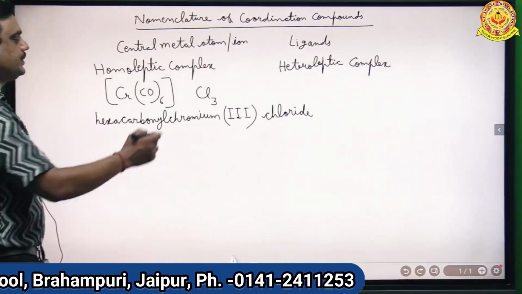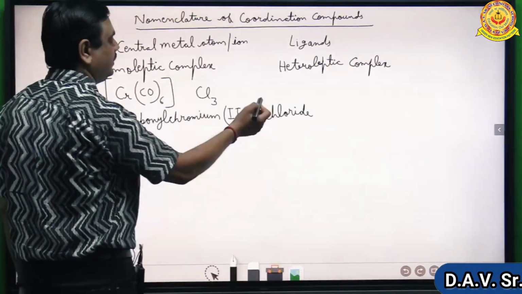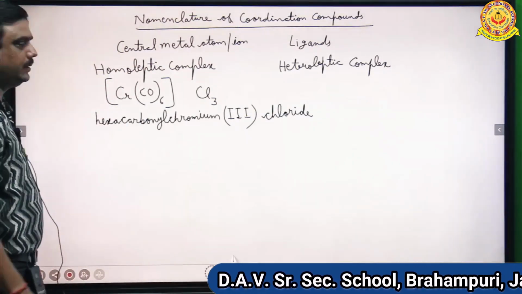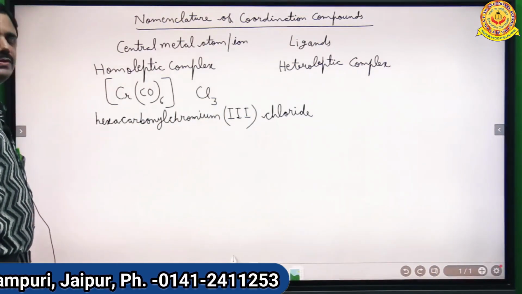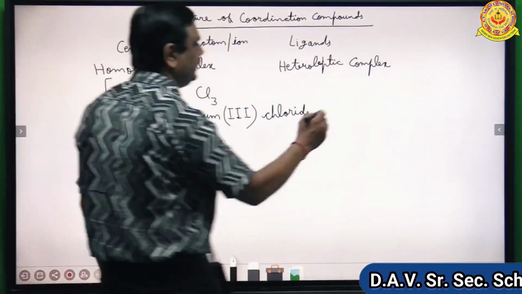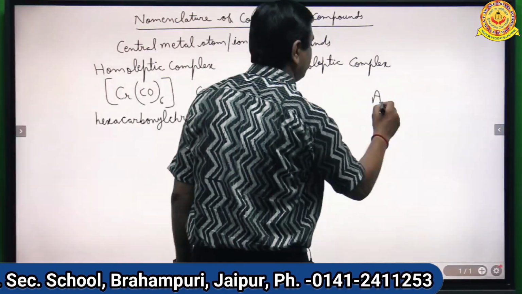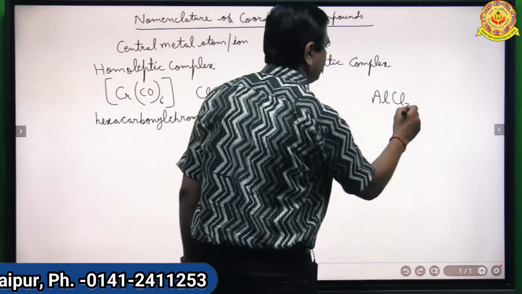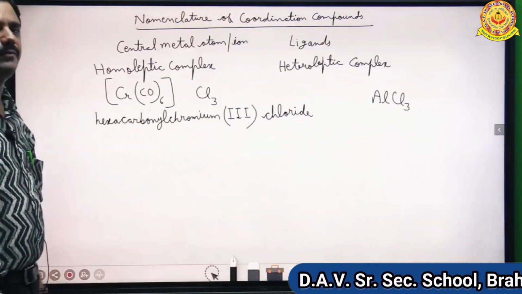Now there may be a question that 3 chloride ions are there, why did I not write trichloride? Because when we go out of the complex, then we use the simple rules. For example, AlCl3, you do not write it aluminium trichloride.